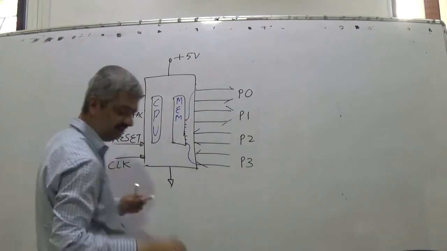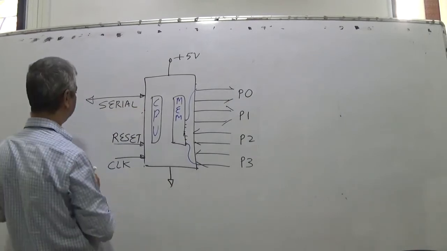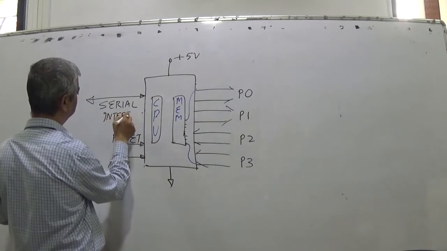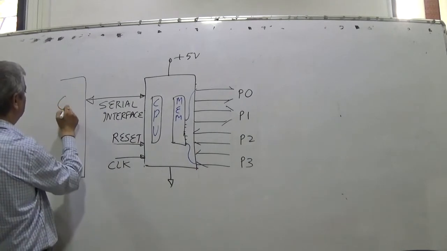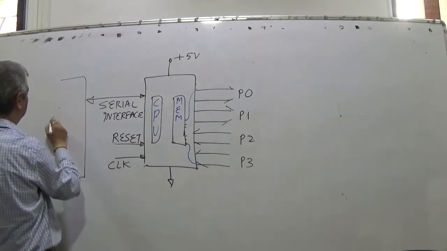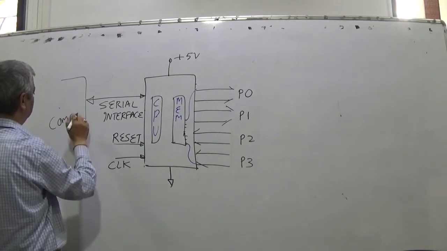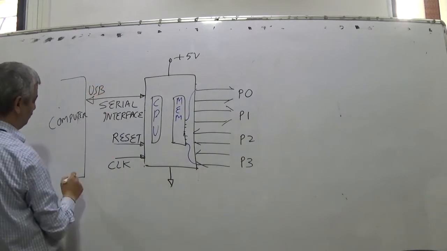And this serial interface is with CPU. And this you connect with computer. This is USB, and obviously ground is common.